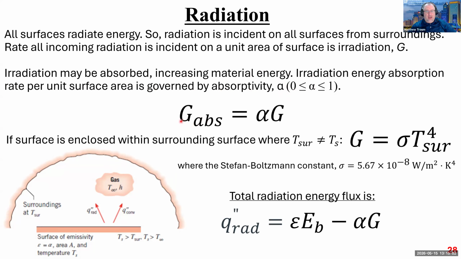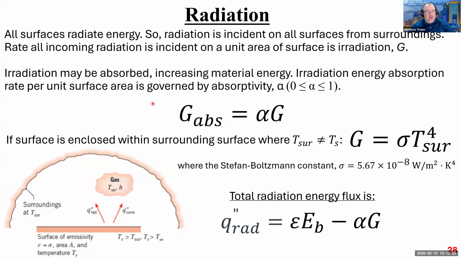So the irradiation, everything that's hitting you, all the energy that's hitting you from your surroundings, is equal to the absorptivity times... no, I'm sorry. ABS is for absorbed. This is G absorbed.